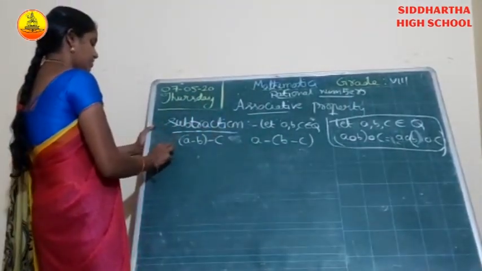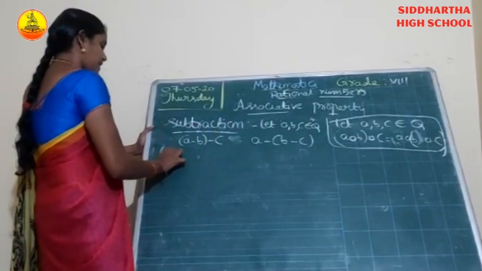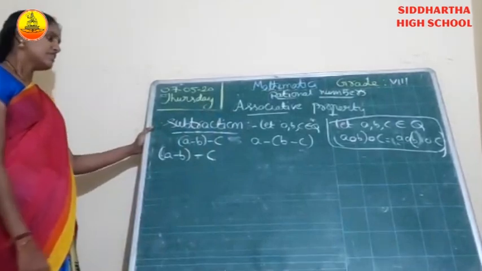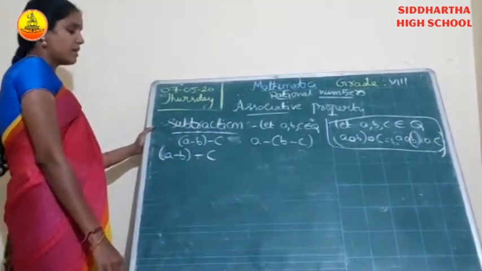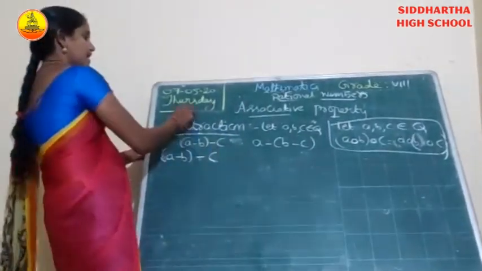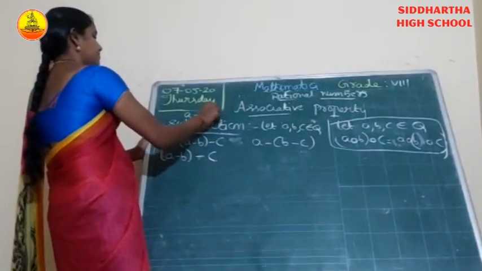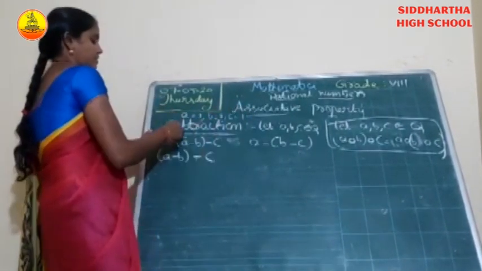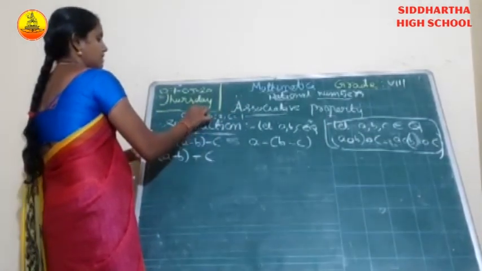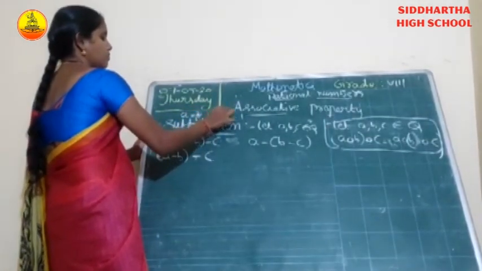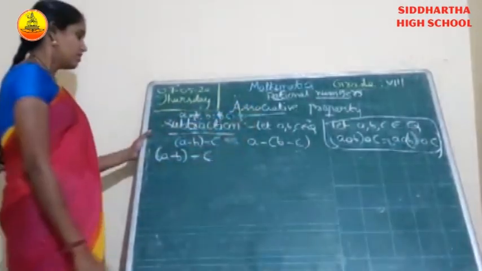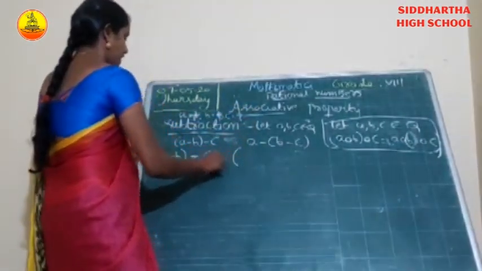First you take (A minus B) minus C. First we have to take the values of A, B and C. Let us take the value of A as 3, B as 2, C as 1. Otherwise we will take 3 by 5, 2 by 5, 1 by 5. Okay, open bracket.